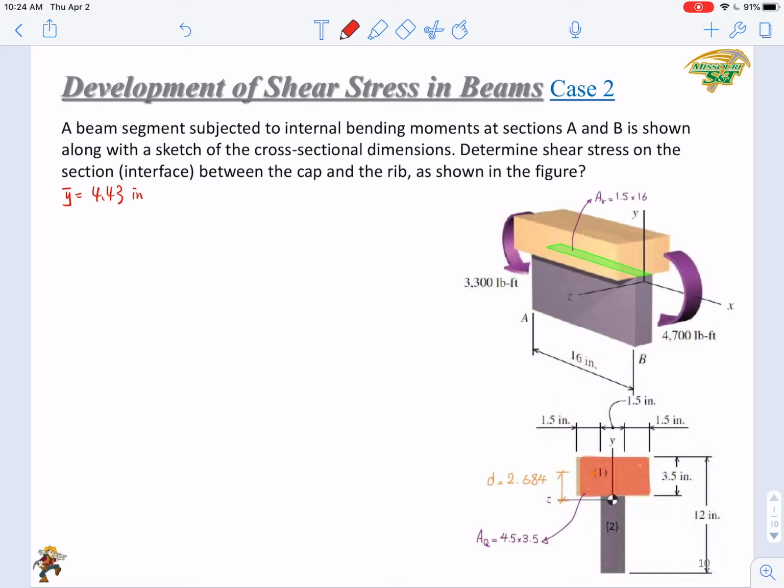This is from the top to the centroid. Here is 4.43 inch. Then the I will also be the same, that is 346.5 inch to the fourth.